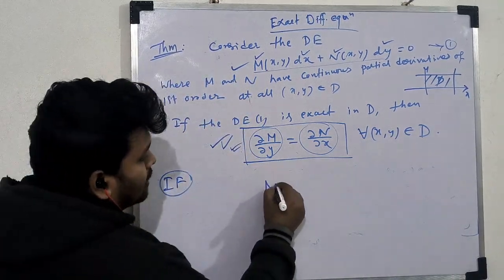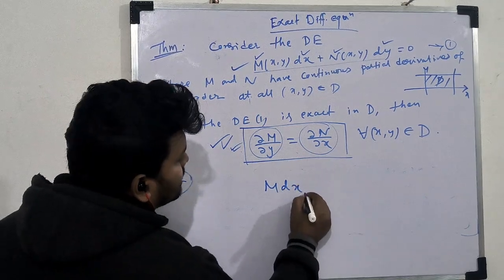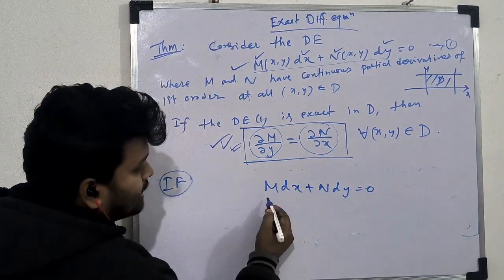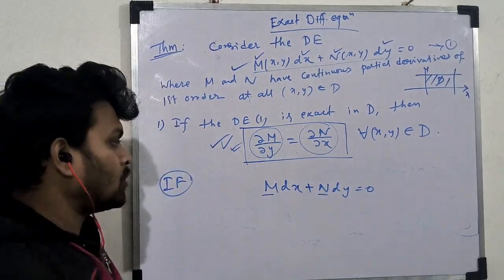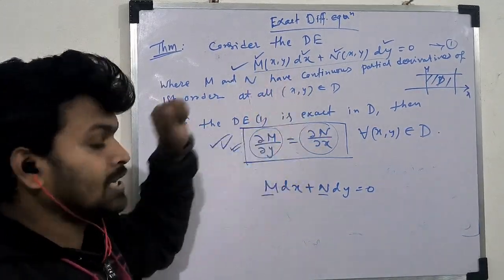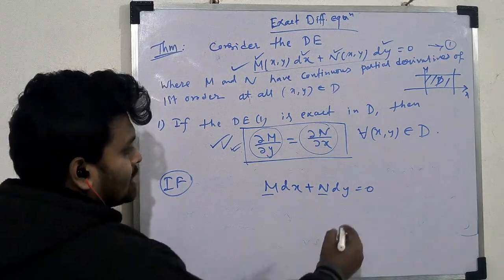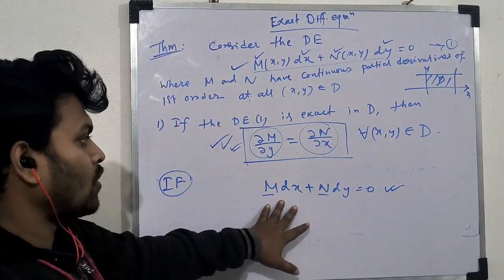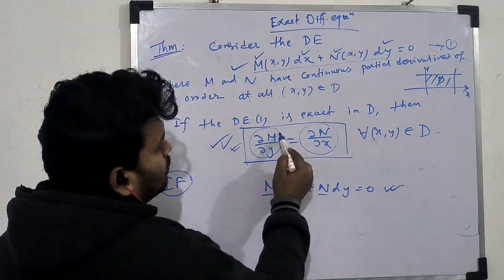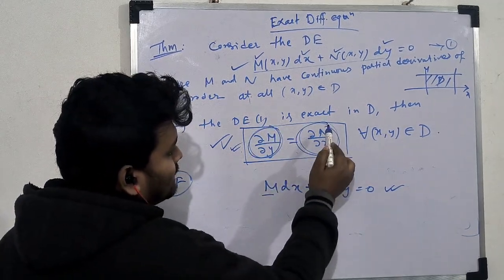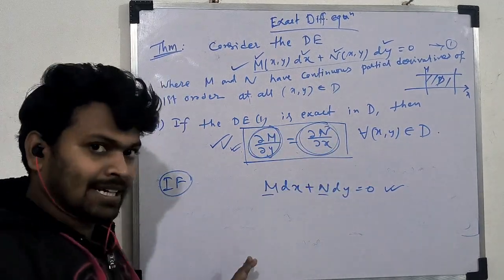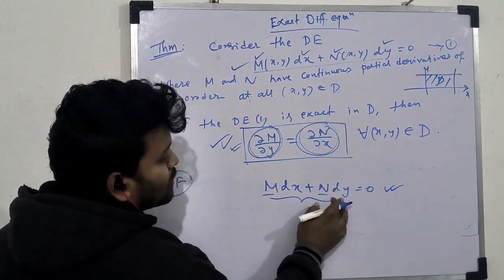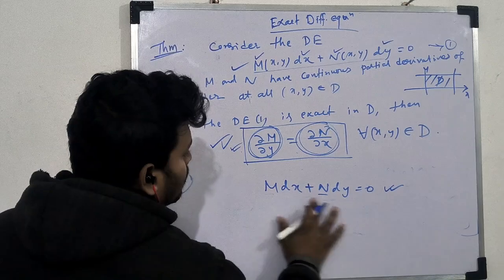You are given the differential equation M dx plus N dy equals 0, where M and N are functions of x and y in this whole chapter. You have to check whether it is exact or not. For that, find ∂M/∂y and ∂N/∂x. If these are equal, then it is exact, and you can find the total differential of the function and get the solution of the differential equation.